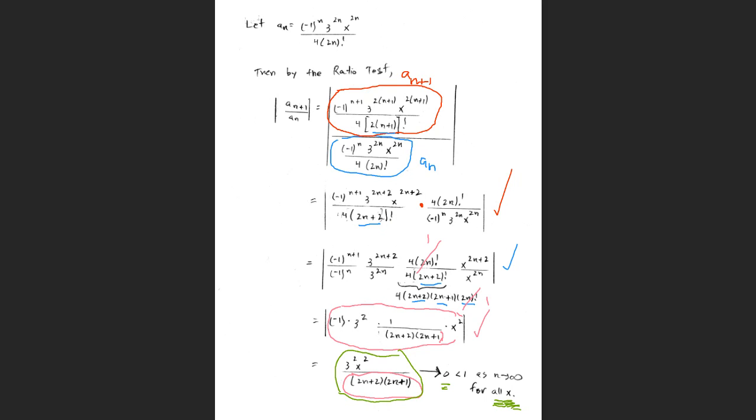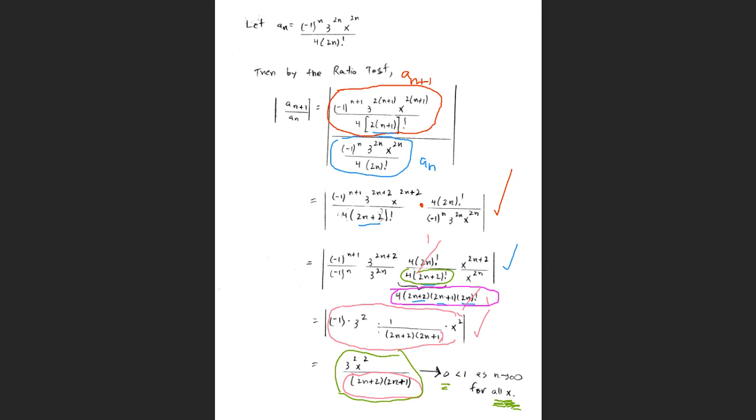What happened is I rewrote the 4 times 2n plus 2 factorial as 4 times 2n plus 2 times 2n plus 1 times 2n factorial.